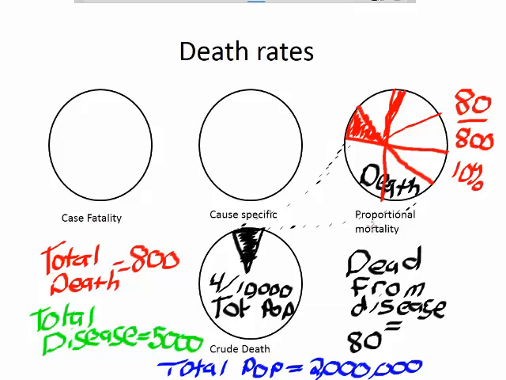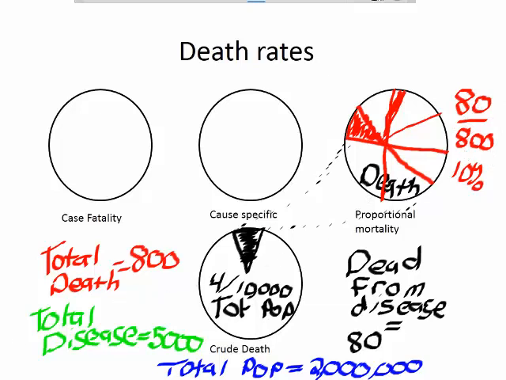So that's proportionate mortality. Proportionate mortality is usually the calculation we use that tells us the top causes of death. It ranks all of the deaths from the most to the least and gives each a percentage of the whole. The number of people who died from the disease divided by the total deaths.